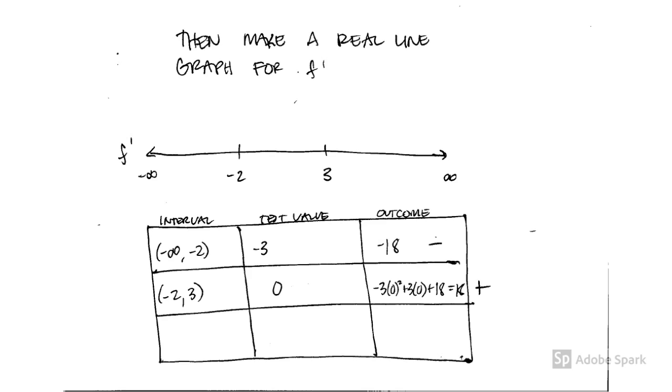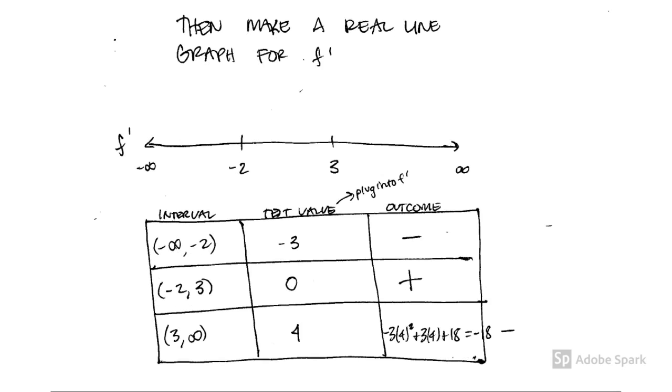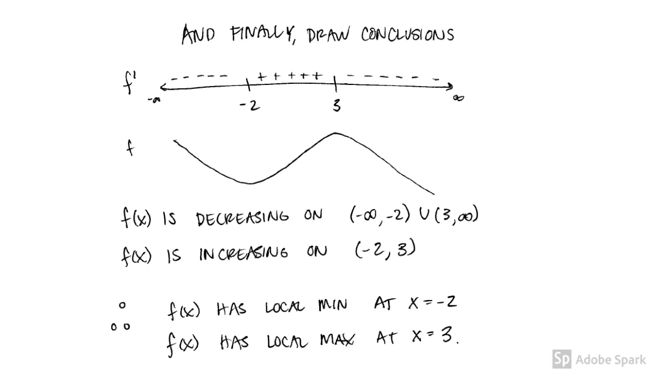Then the next interval, from negative 2 to 3, I plugged in 0 into the derivative, and I got the derivative was positive, so on that whole interval the derivative is positive. And for the last interval, from 3 to infinity, I plugged in 4, which is in the interval, plugged it into the derivative, and I got the derivative was negative, so that whole interval is negative.